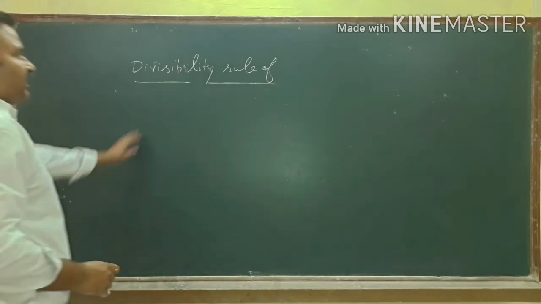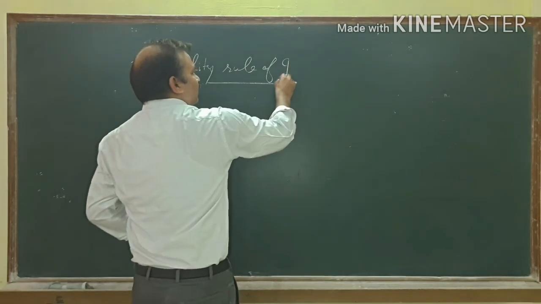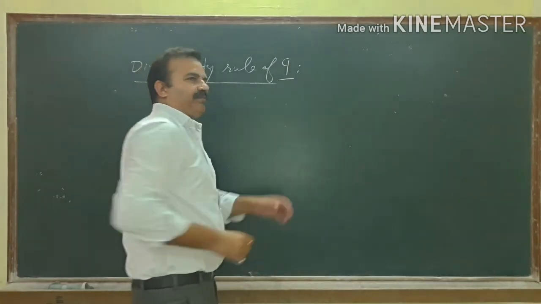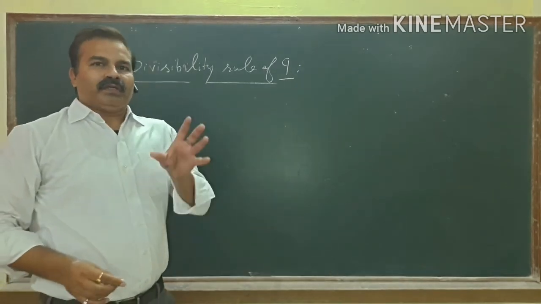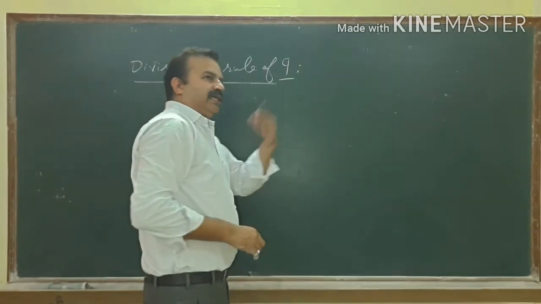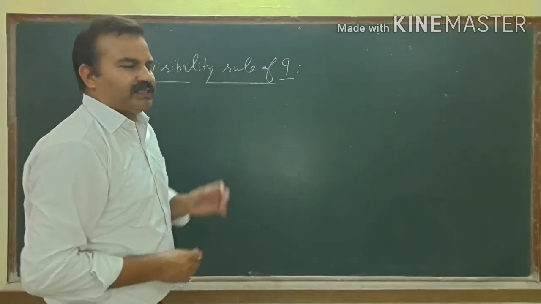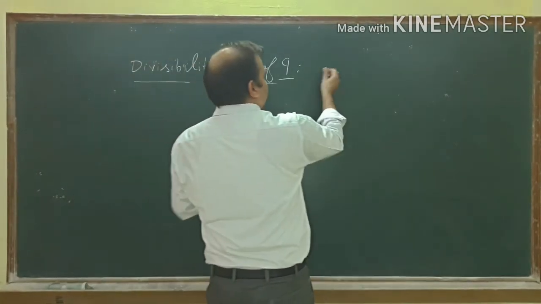Now after this we will study the divisibility rule of 9. The divisibility rule of 9 is exactly the same as the divisibility rule of 3. There the sum should be divisible by 3, and here the sum of the digits should be divisible by 9.